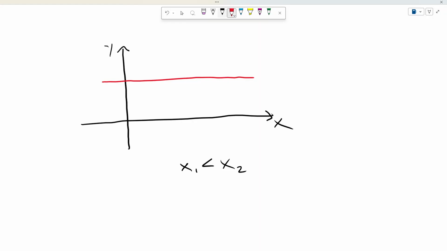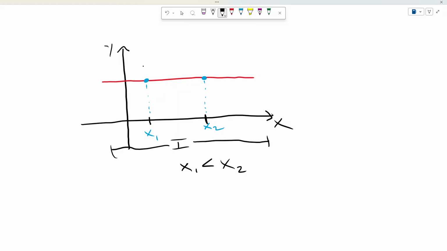But in this case, interval I, so this is our x1 and x2.